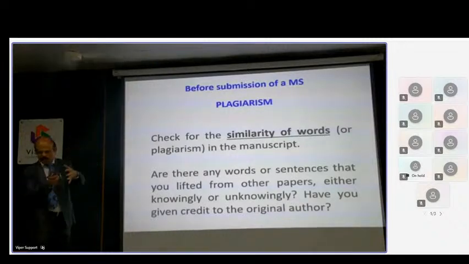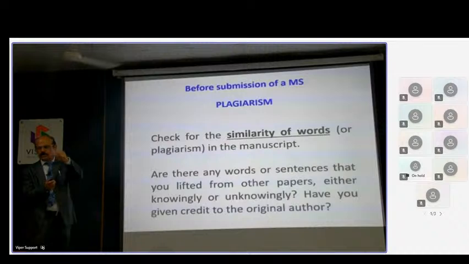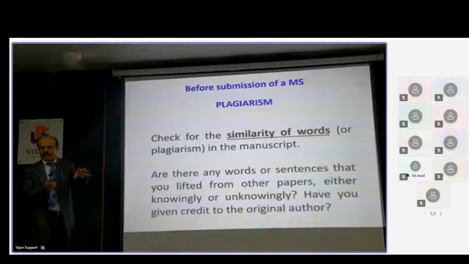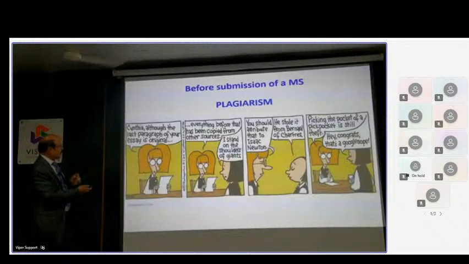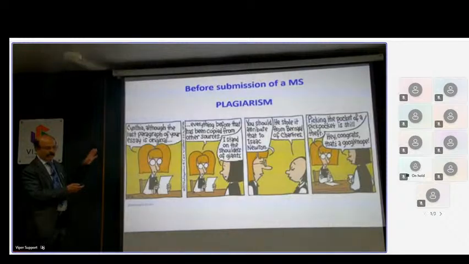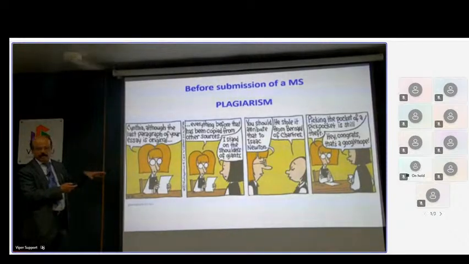Then the publisher's software says that your paper is not original, so they reject it. They won't give any other reasons. So before sending it, you must run it through some software, which I'll list here, to check that it is original.